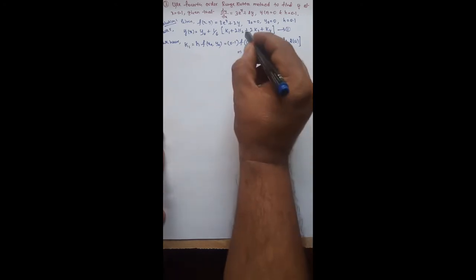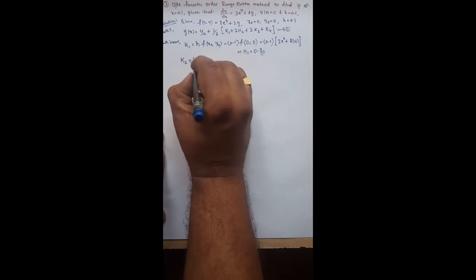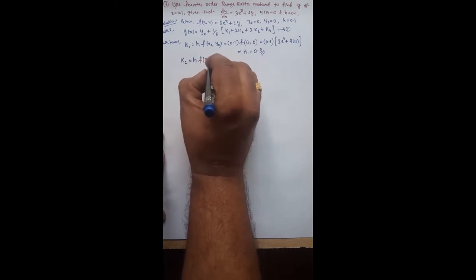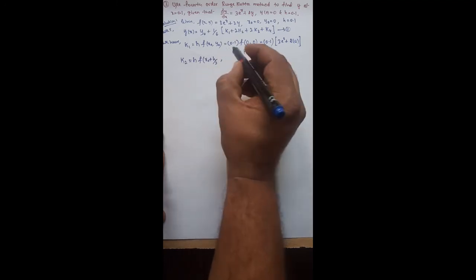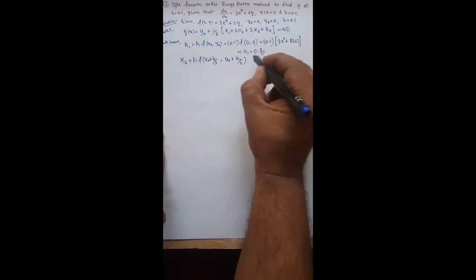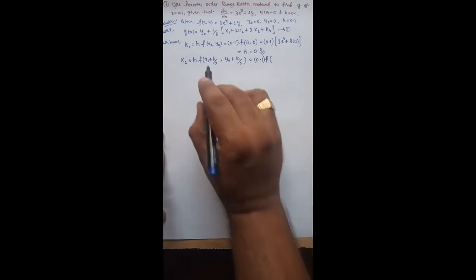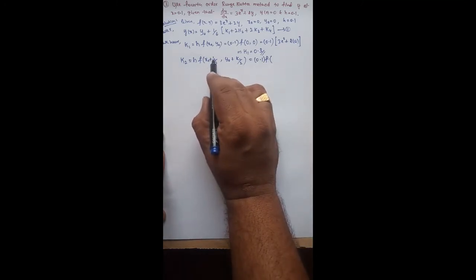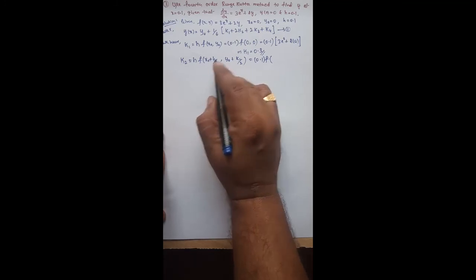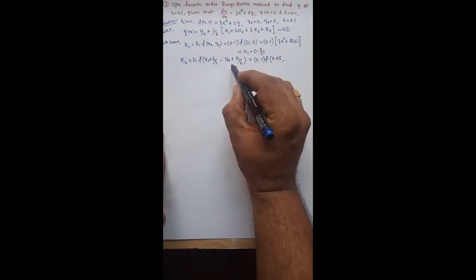Now similarly we calculate k2, the second parameter. The formula for k2 is h into f of x naught plus h by 2 comma y naught plus k1 by 2. So this is equal to h, which is 0.1, into f of x naught plus h by 2. X naught is 0, h is 0.1, 0.1 by 2 is 0.05, 0.05 plus 0 gives 0.05, comma y naught plus k1 by 2.